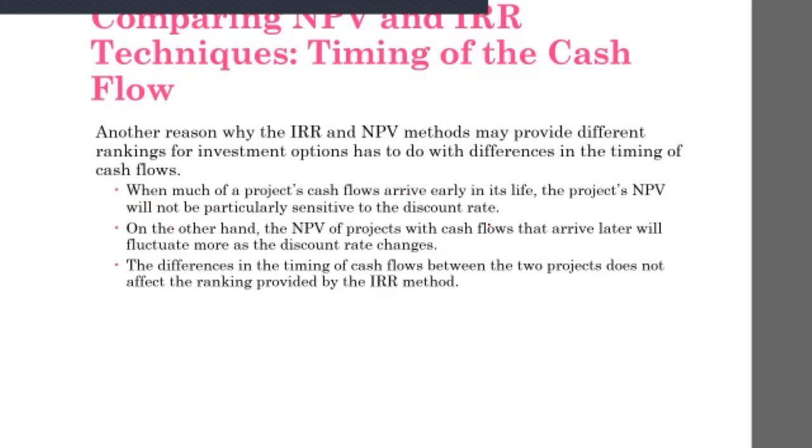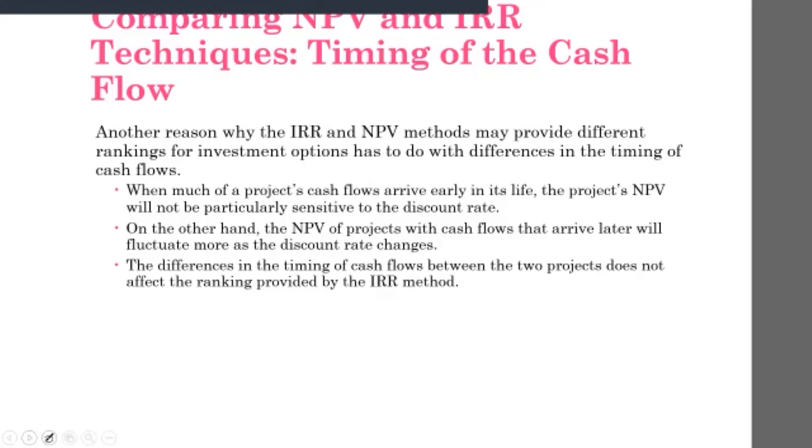If the cash flow is received in January as opposed to November, it could affect it. On the other hand, the NPV of projects with cash flows that arrive later will fluctuate more as the discount rate changes. The differences in the timing of cash flows between the two projects do not affect the ranking provided by IRR. IRR doesn't deal with that.